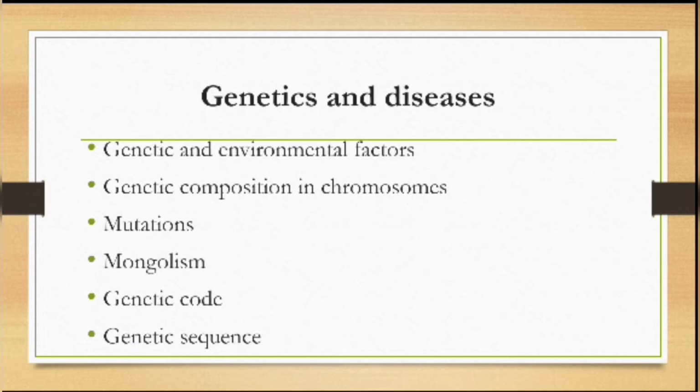Though genes are believed to remain unaltered, studies have established that environmental factors can and do alter their composition through mutations. Now, what are mutations? They are inheritable changes in the genes.